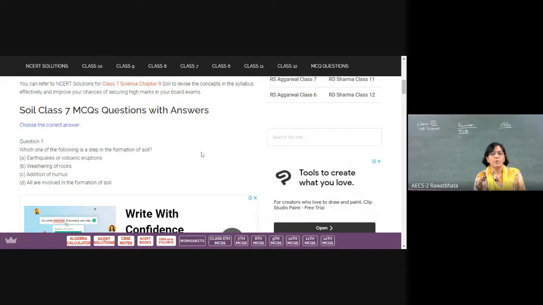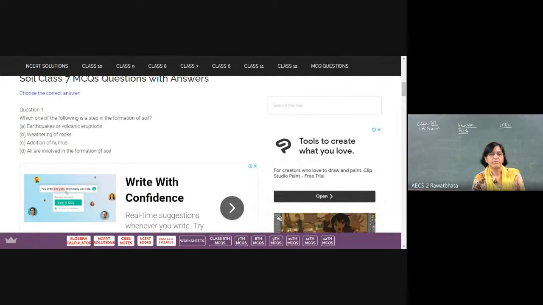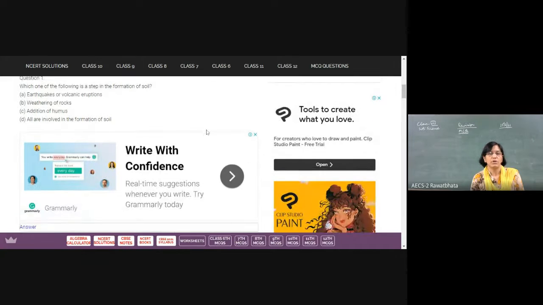Which of the following is a step in the formation of soil? And there are four options given: earthquake or volcanic, weathering, addition of humus, all are involved in formation. So what according to us should be the answer?